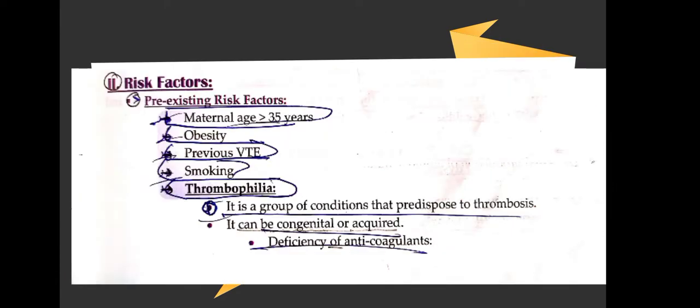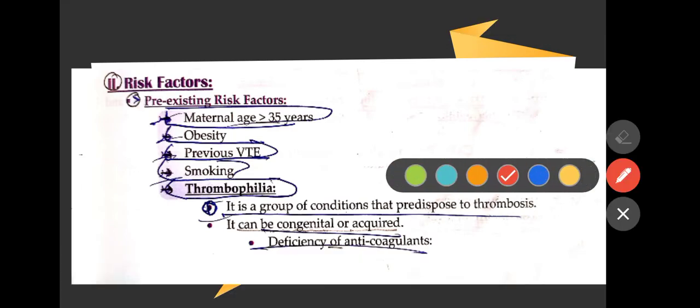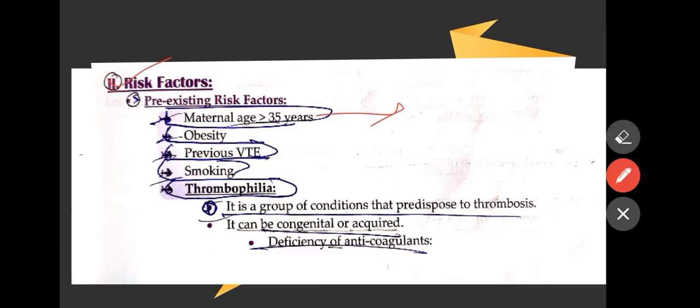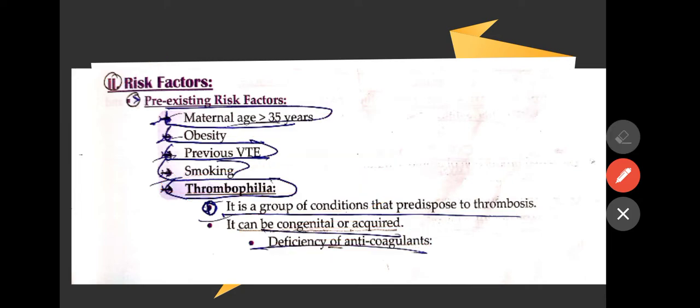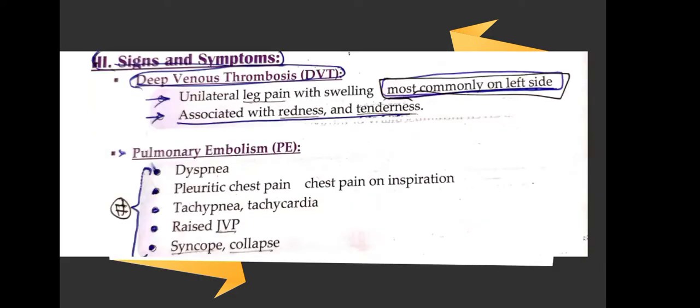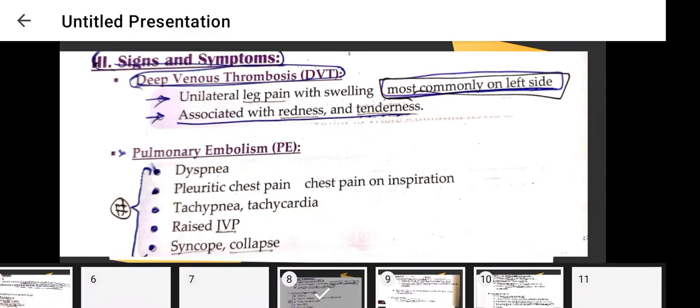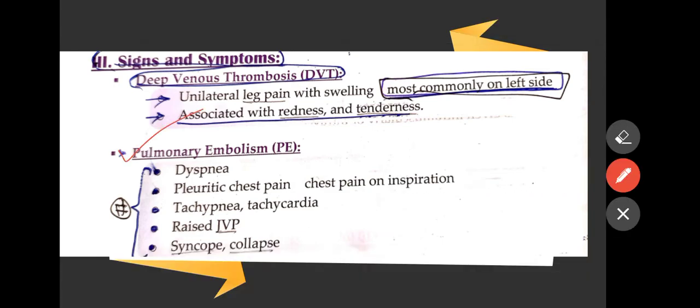Risk factors are maternal age greater than 35, obesity, previous venous thromboembolism, and smoking. Thrombophilia is a group of conditions that predisposes to the formation of thrombosis. Deficient anticoagulants can lead to development of a thrombus, and that thrombus will dislodge into the lungs and the patient may die because of pulmonary embolism.